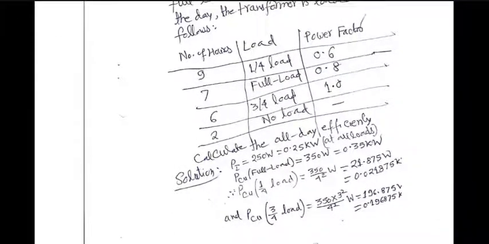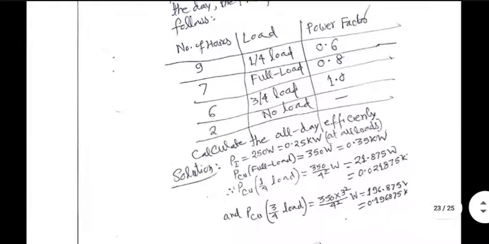Total loss is always copper loss plus iron loss. So at full load, the total loss will be 250 watt plus 350 watt. At 1/4 load, the total loss will be 250 watt plus 21.875 watt.